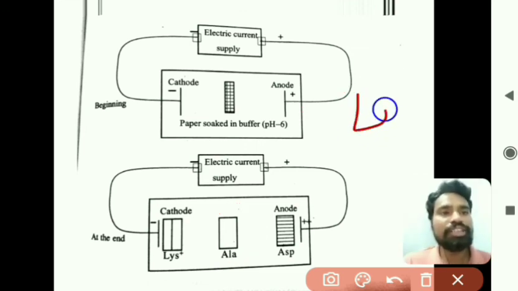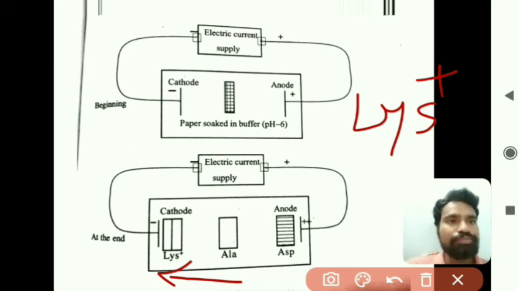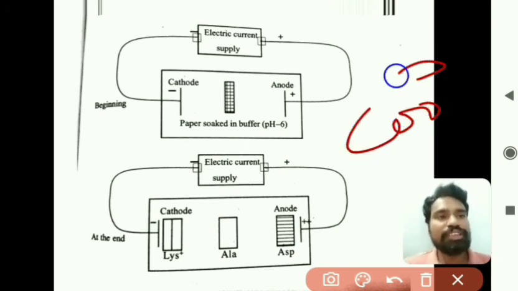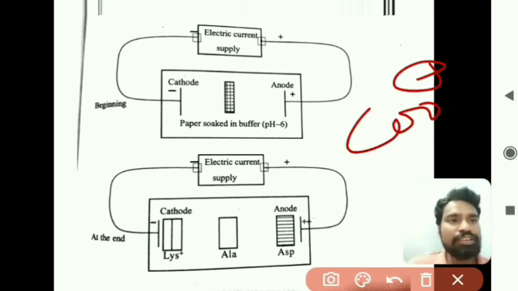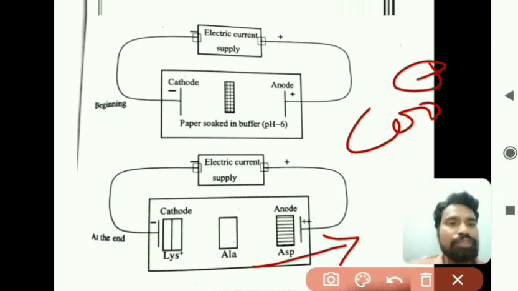Now what will happen? A cation will move towards the cathode. So that's why lysine is moving towards the cathode. And then aspartic acid is in the form of COO minus, that is an anion. So as it is in the form of an anion, it will move towards the anode, right.